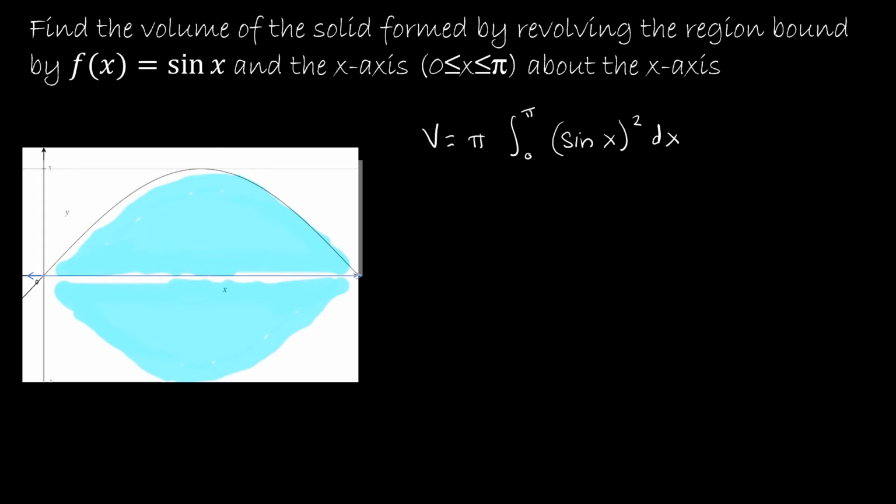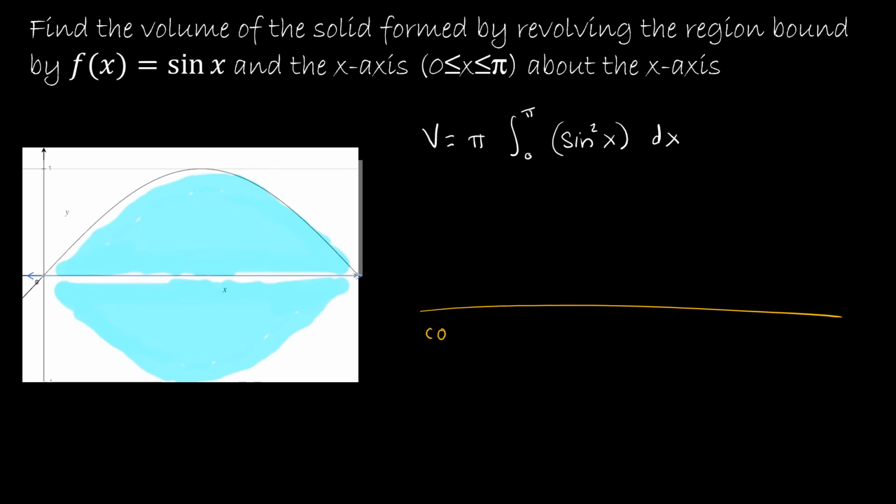So if I'm going to integrate sine squared, and again you could write this instead as sine squared x, notice those two are the exact same thing. We have to remember some things that we know from Trig and from Calc 1. So I'm going to just create a separation here.